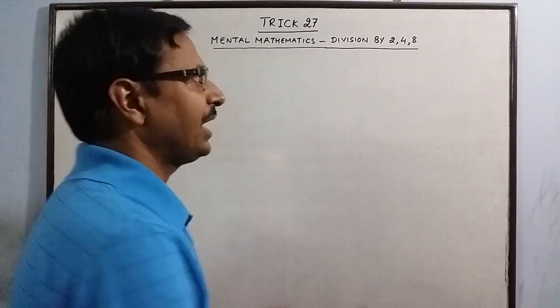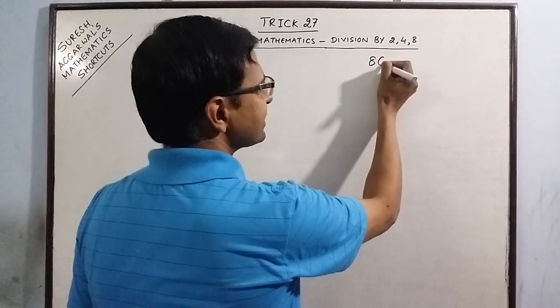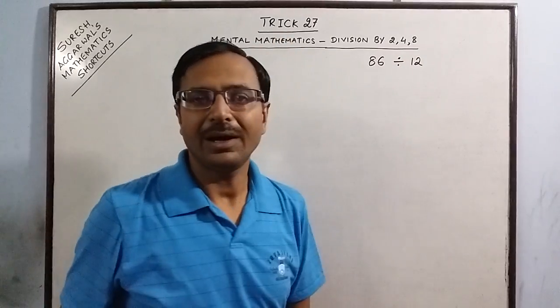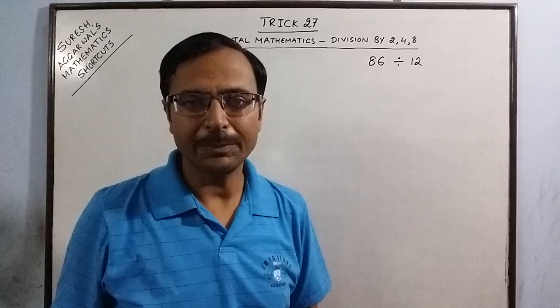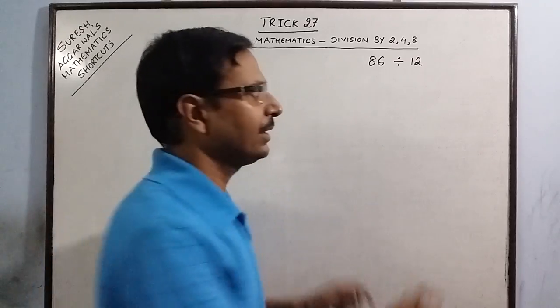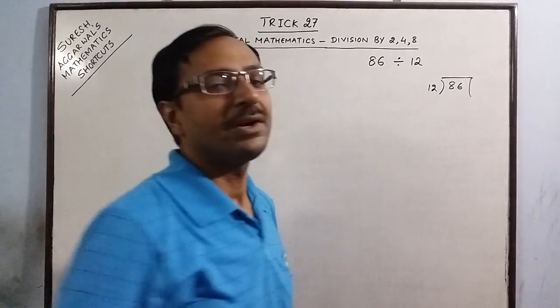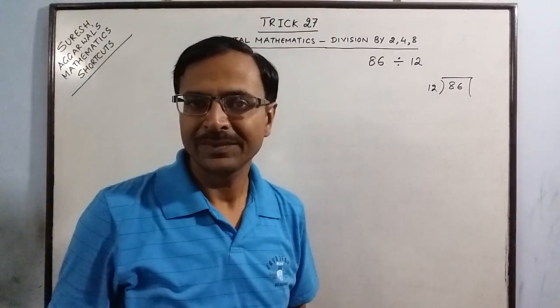If I say I have to divide 86 by 12, then I am telling them to pick up the pen and paper and start dividing 86 by 12 like this, in which they are traditionally taught.